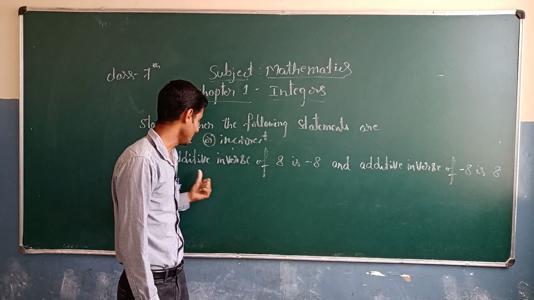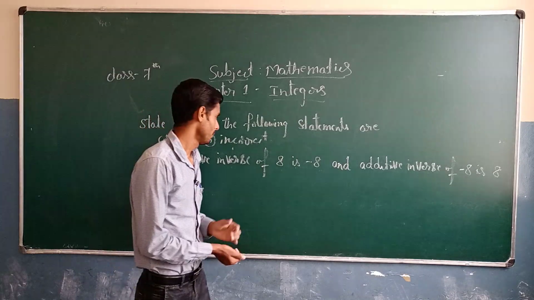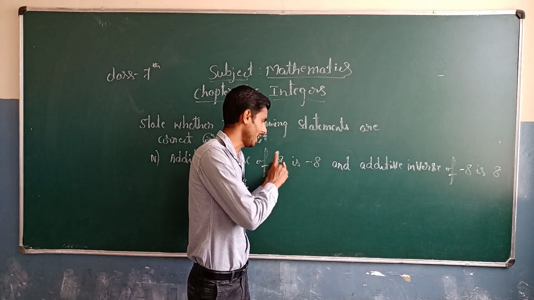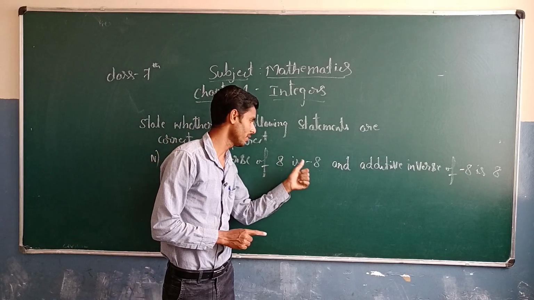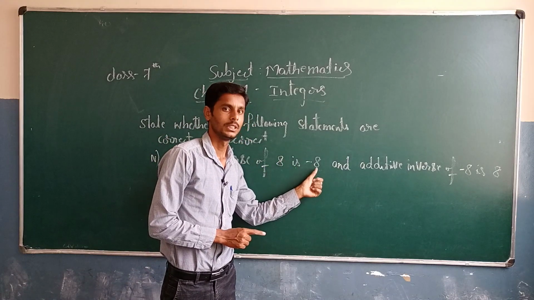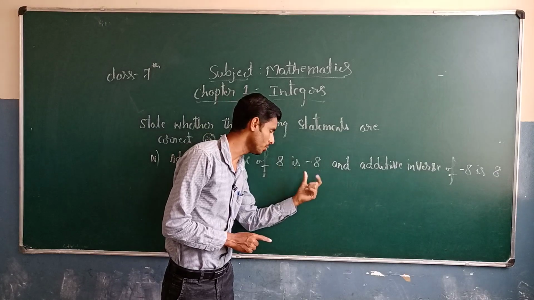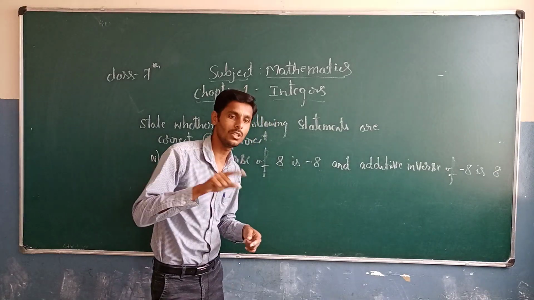Additive inverse means for which number we are writing the additive inverse. For example, for 8 we are writing the additive inverse as minus 8, right? So if we add these two, we should get 0.